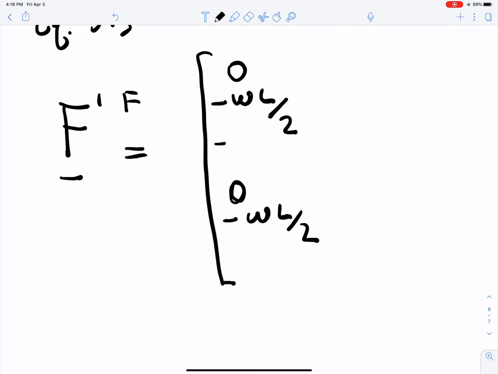And so as a result, the force here is WL squared over 12, the bending moment, and here is WL squared over 12.